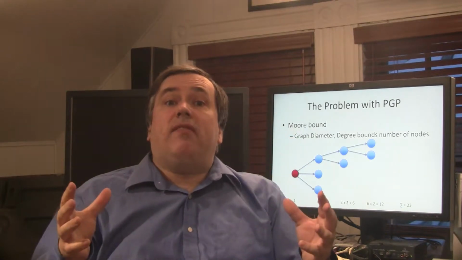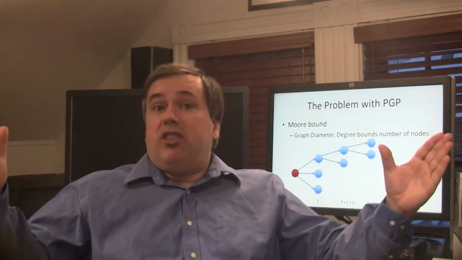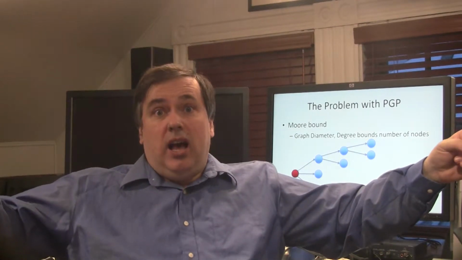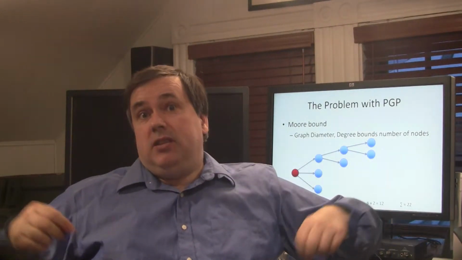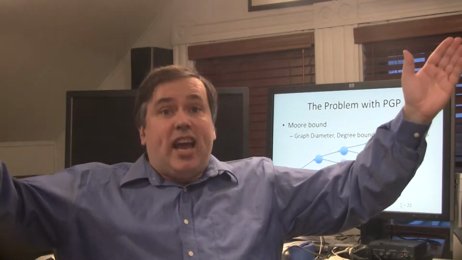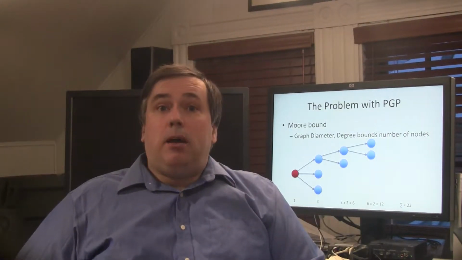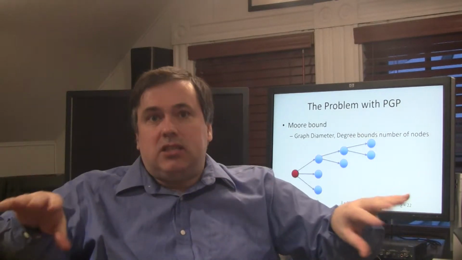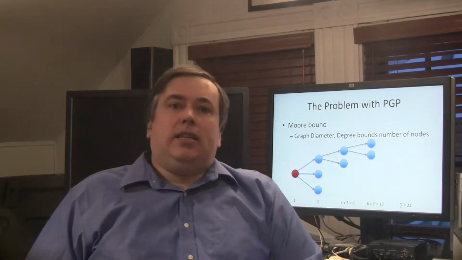If you have a graph, then the diameter of the graph, which is the length of the longest shortest path between two points, is going to depend upon the number of nodes in the graph and how many connections, the degree, each node has.